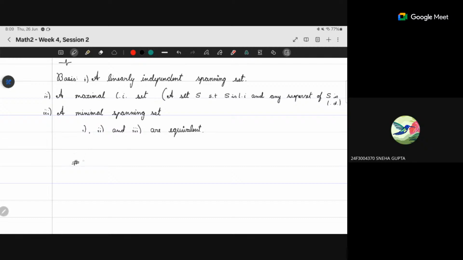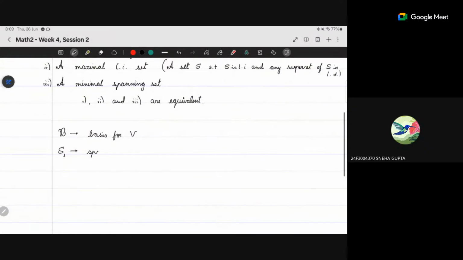Now, number of elements. Suppose I'm given a basis. Let's say B is some basis for V. And let's say I have another set S1. This is a spanning set. So what is the relationship between the number of elements of B and number of elements of S1?